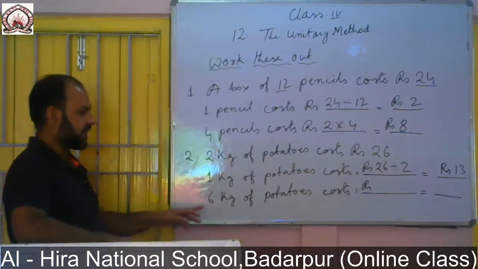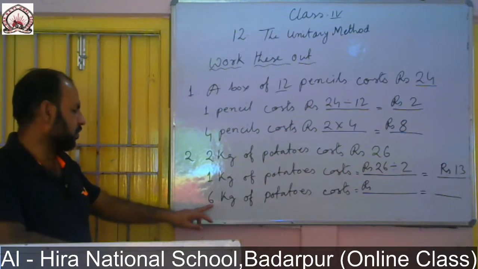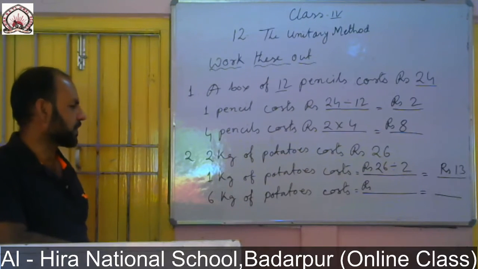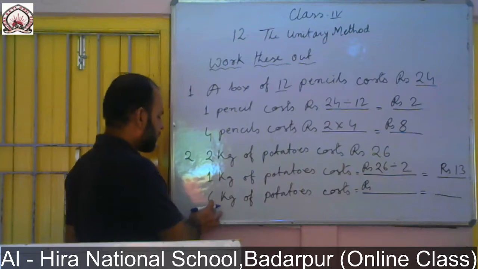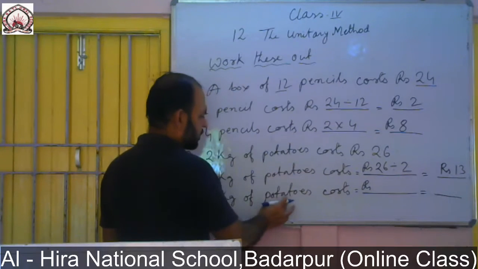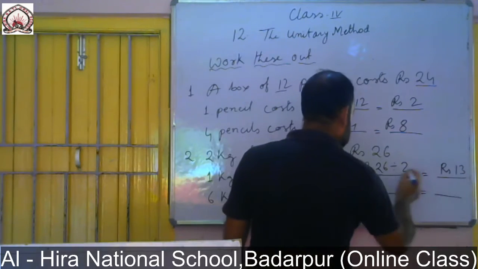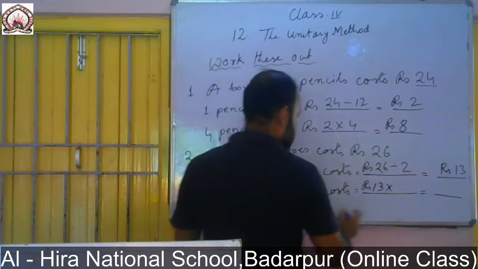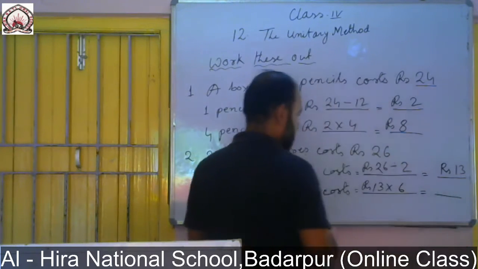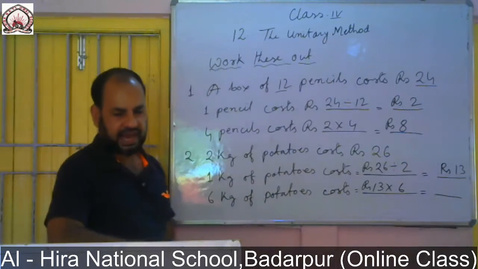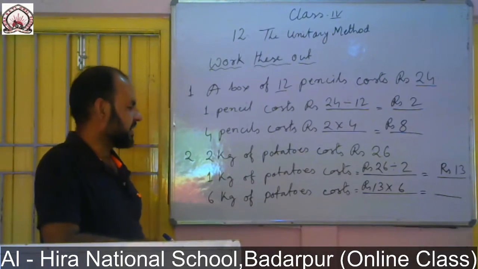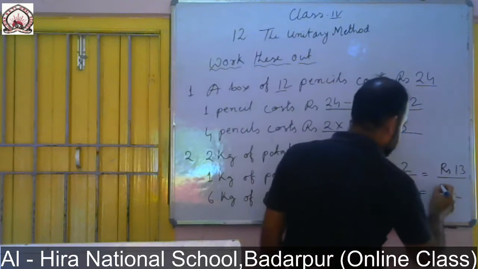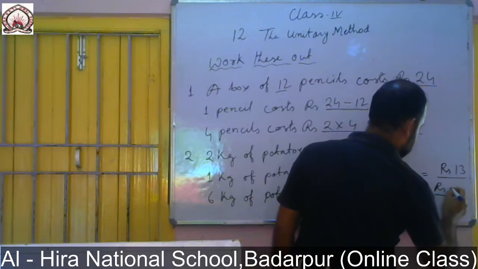Now if we find the cost of 6 kg of potatoes, 1 kg equal to 13 rupees into how many kg? 6 kg. So here 13 sixes are 78.